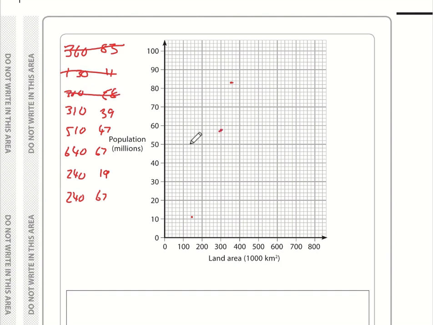Okay, 310, 39. That's halfway between 300 and 320, and 39 is halfway between 40 and 38, so it's right in the middle of this box here. It's hard to be really accurate. Then 510, 47.